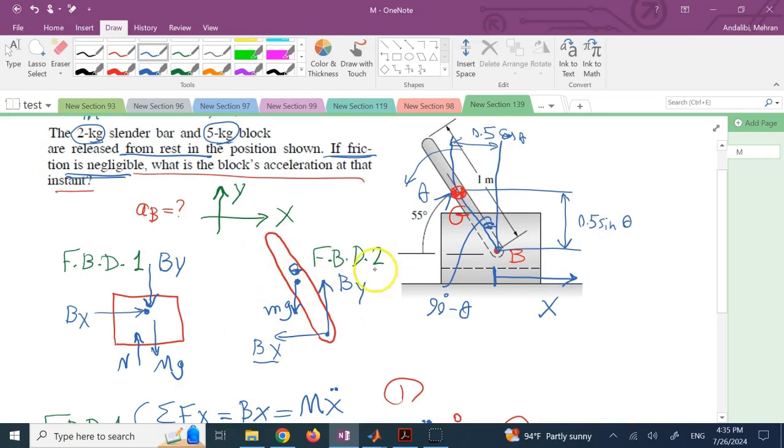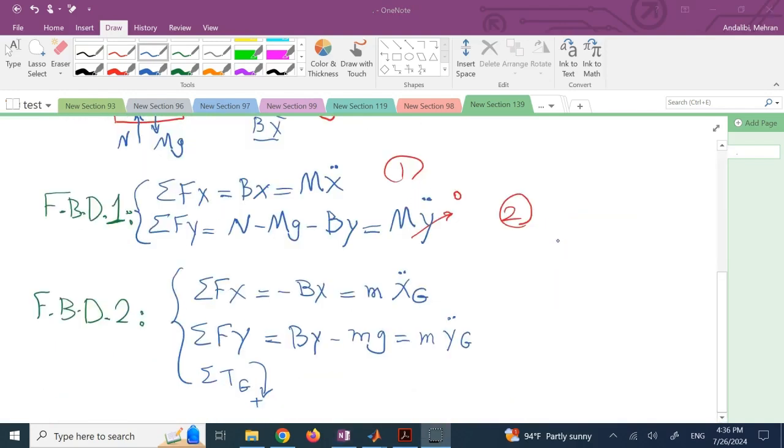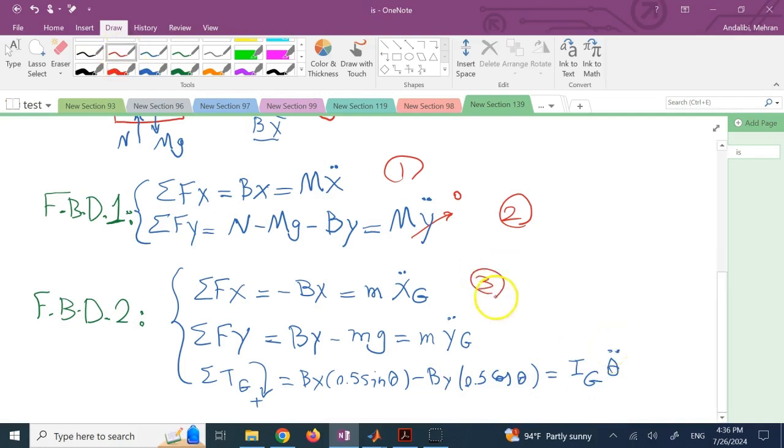By does create a counterclockwise or negative moment, so it's negative By times 0.5 cosine. So we go down and we are going to write it: Bx times 0.5 sine of theta minus By times 0.5 cosine of theta is equal to I about point G times theta double dot, or alpha. And I will call these equations 3, 4, and 5.